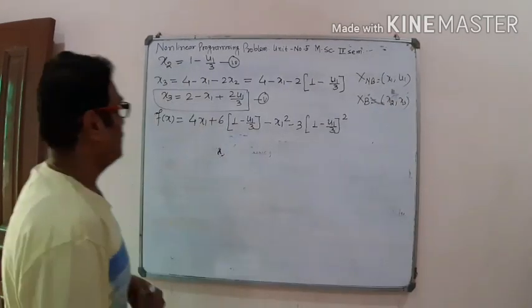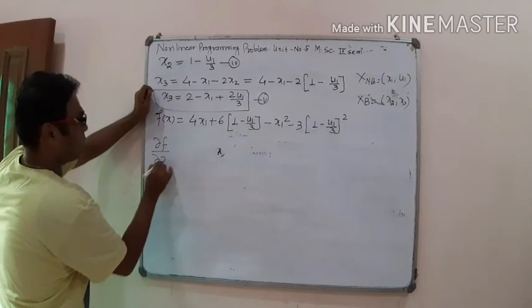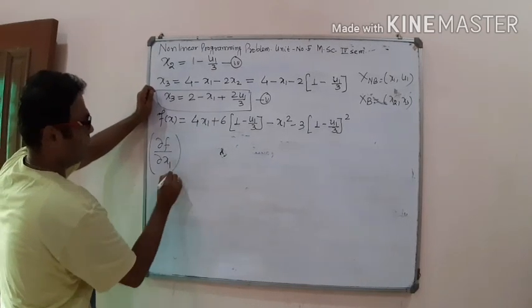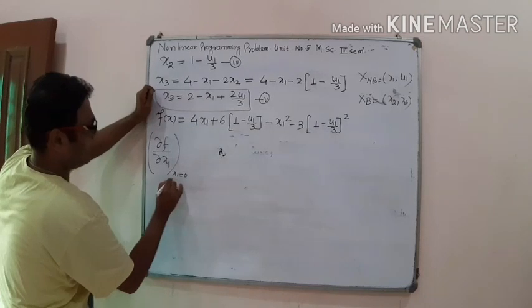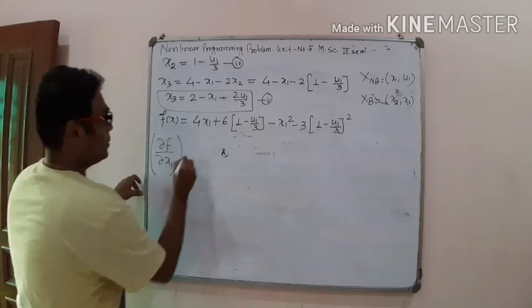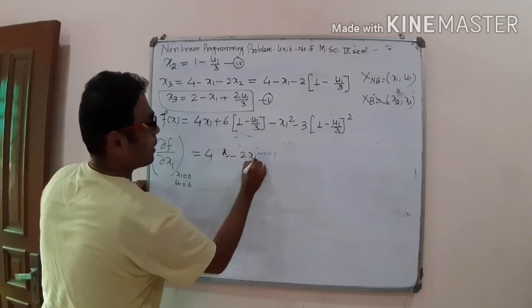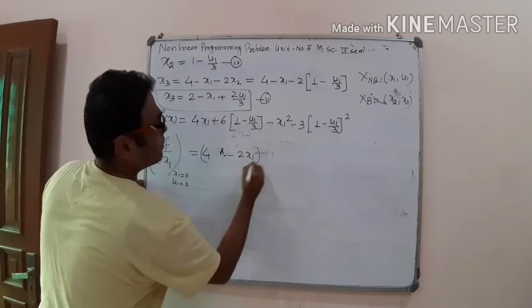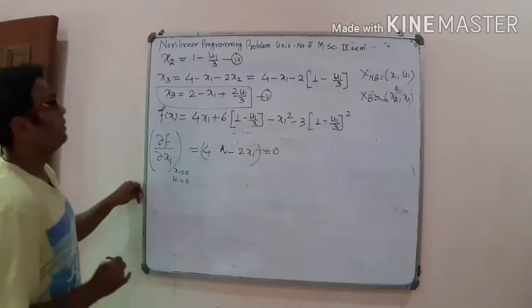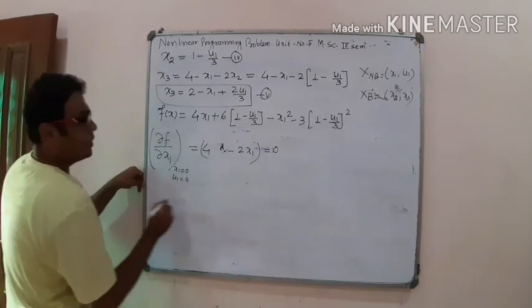So partially differentiate f with respect to x1 and compute the value at x1 equal to 0 and u1 equal to 0. So we have 4 minus 2x1, which is equal to 4. Agree?